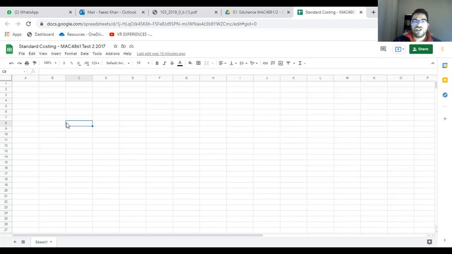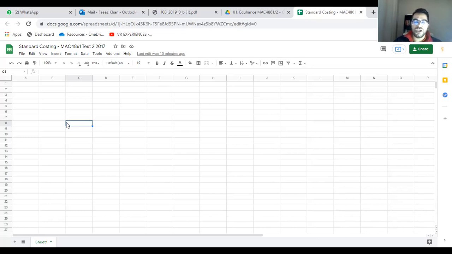Now, a budget is generally set at the beginning of the year for the whole year, right? And most likely, the units actually produced may differ from what was budgeted. So let's say you budgeted to produce 1 million units for the year, but what was actually produced was 1.2 million.